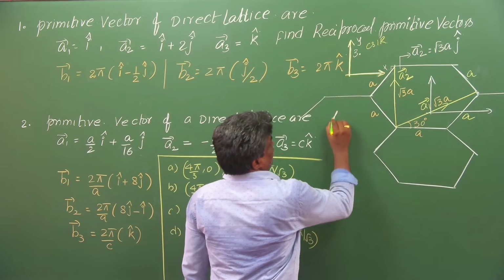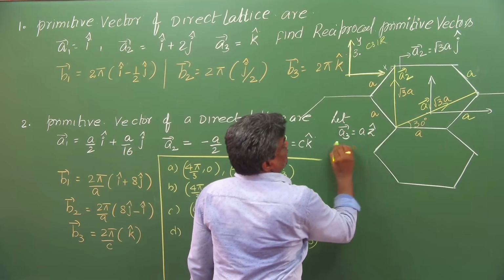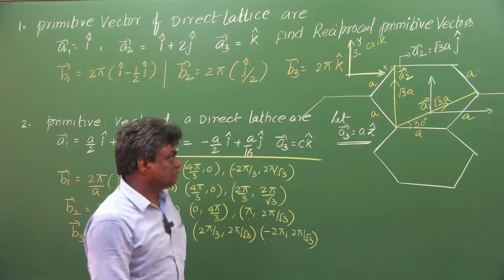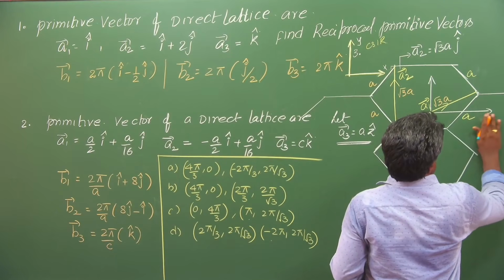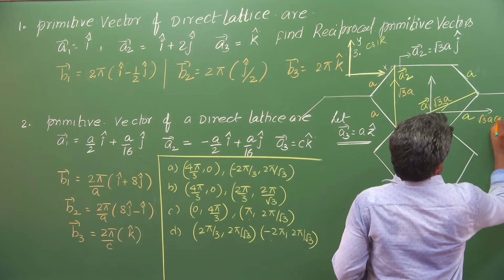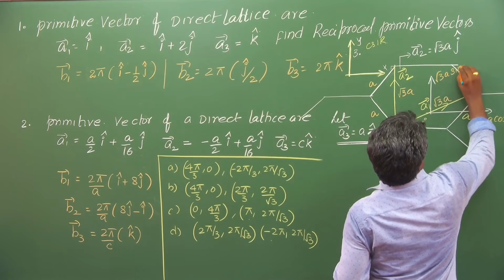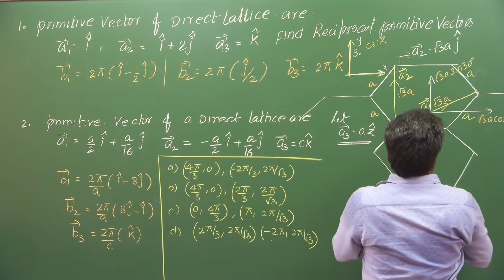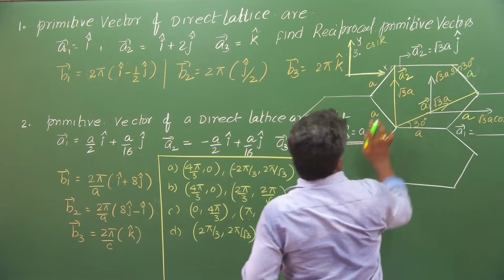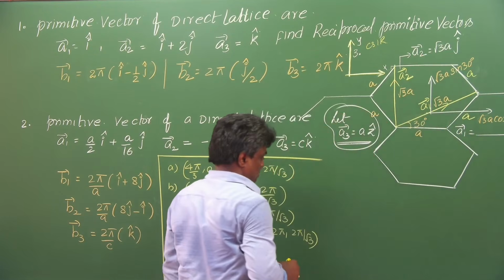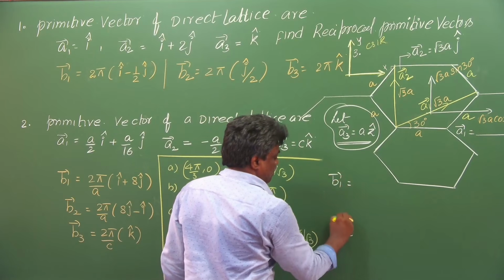Without the third vector you can't find. This is √3A cos 30 and this is √3A sin 30. Please get A1 bar. Once you have A1 bar and A2 bar, assume A3 bar, start finding B1 bar and B2 bar, and tell me the answer.